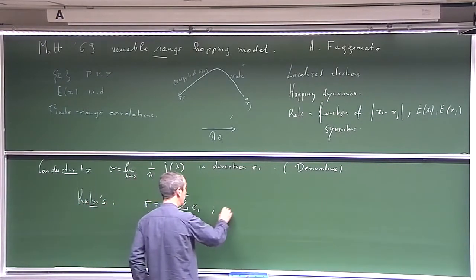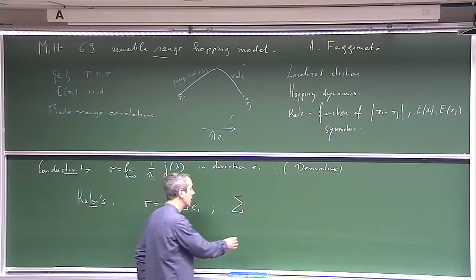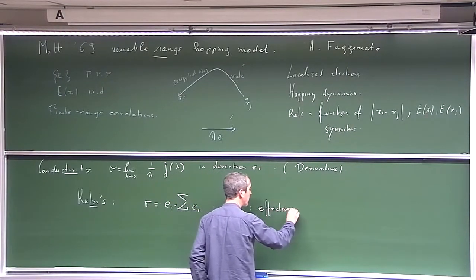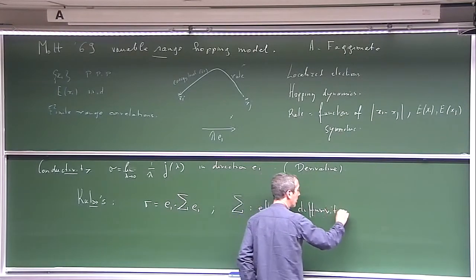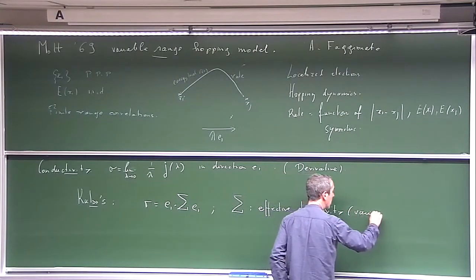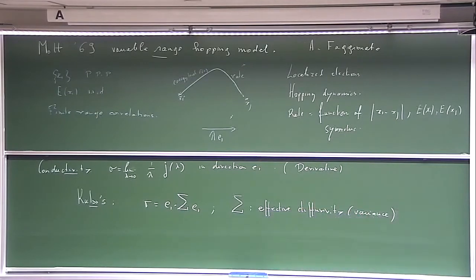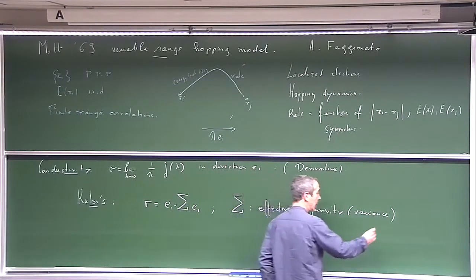This big sigma is the same as last time. This is the effective diffusivity, or variance, and it is the diffusivity when you don't have any lambda, so at lambda equals 0.